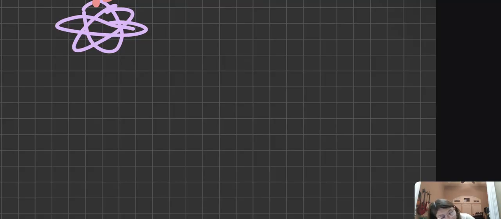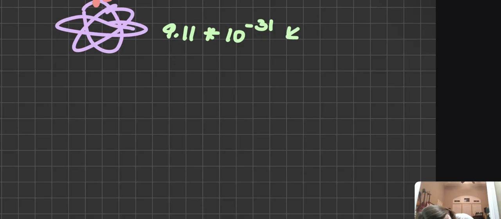So in scientific notation, this is going to be 9.11 times 10 to the negative 31 kilograms. So that's kind of crazy. I think we can all agree on that. It's so tiny, but also it makes sense that it's so tiny because it's such a little thing in an atom, and atoms are already super small that make up everything around us, right?